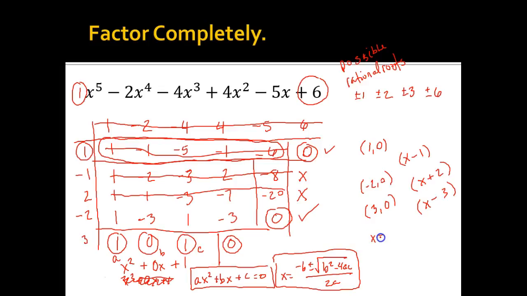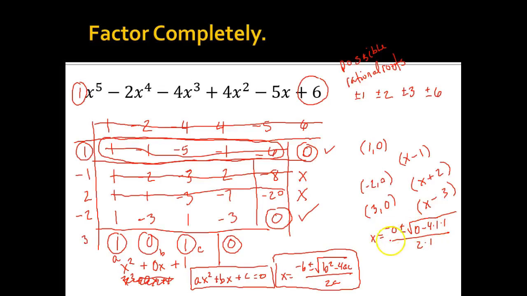So I get x is equal to, here's the quadratic formula, negative b, so negative 0, plus or minus the square root of 0 minus 4 times a times c, a and c are both 1, over 2 times a. Now multiplication, 4 times 1 times 1 is 4, so 0 minus 4 is negative 4.